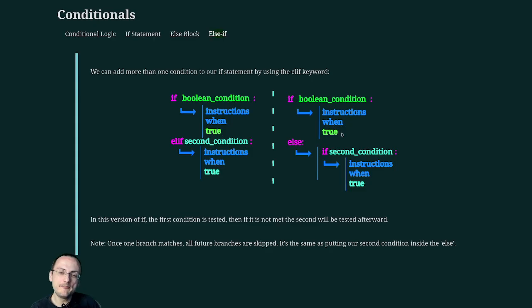But then, when we write our else, putting an if inside that else, nesting this second if, that's going to behave the same as our elif here, because if the first one is met, here's what we do. If the first one is not met, then we go to the else, and the first thing in here is check, okay, well, if this second condition is met, do this. Otherwise, skip to the end.